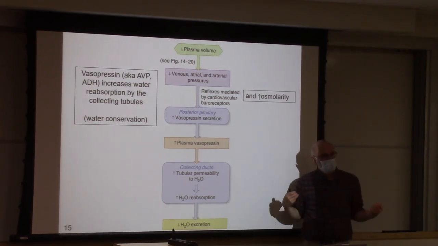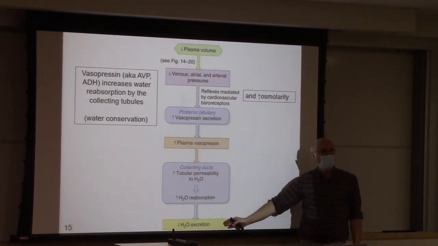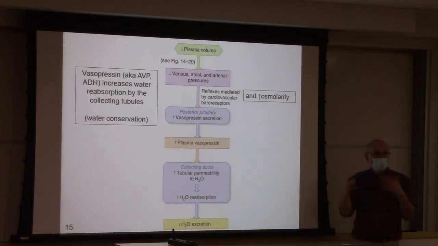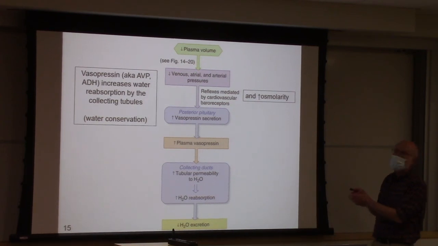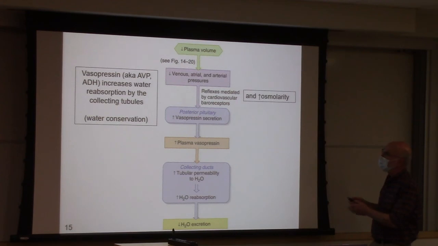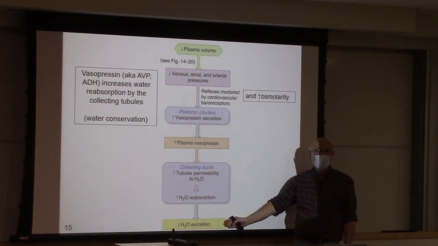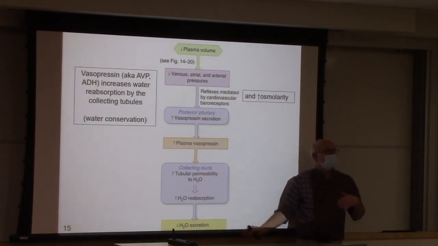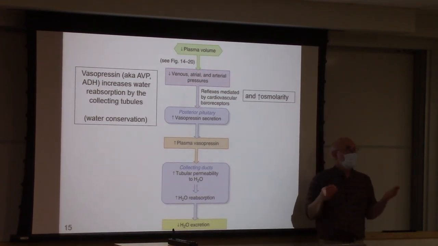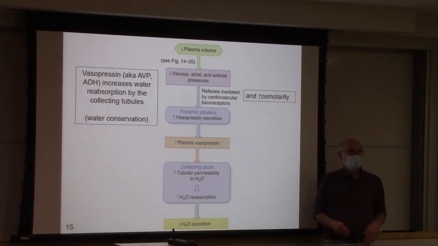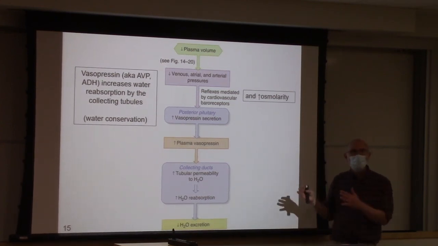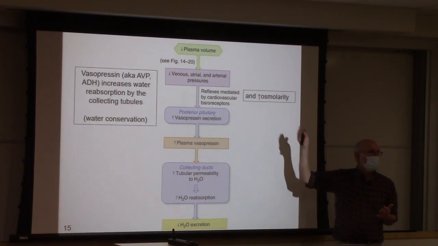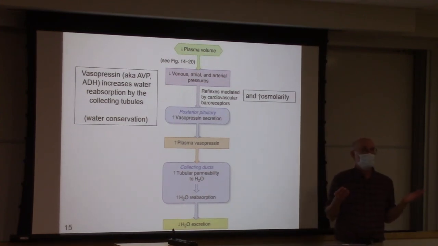Water reabsorption is maximized. Water excretion is minimized. But we can do it the other way around. High plasma volume, high pressure, low vasopressin secretion, high water excretion in order to reduce too high blood pressure. So maybe the key point here is that these stories illustrate one story, low volume, but you can flip all the arrows the other way around to describe another story.